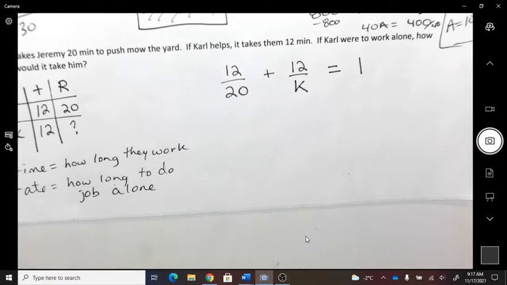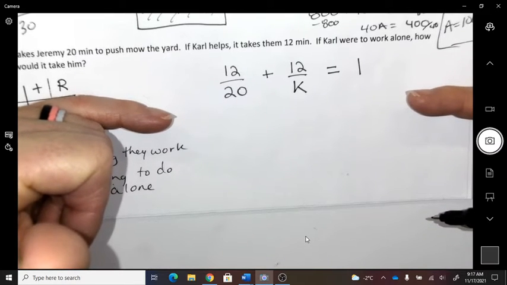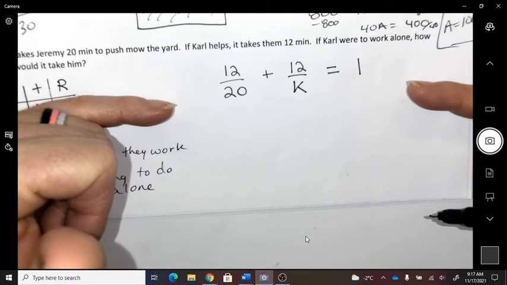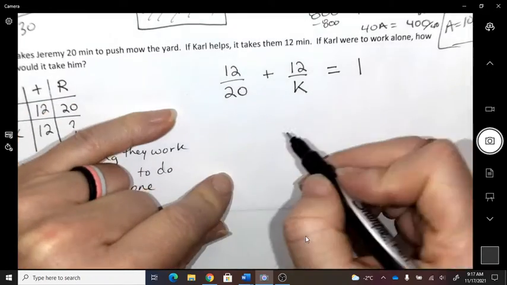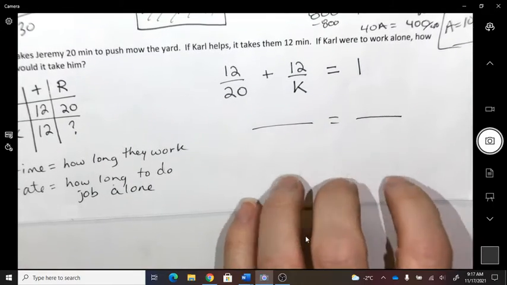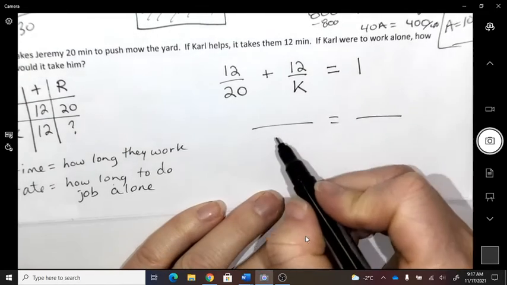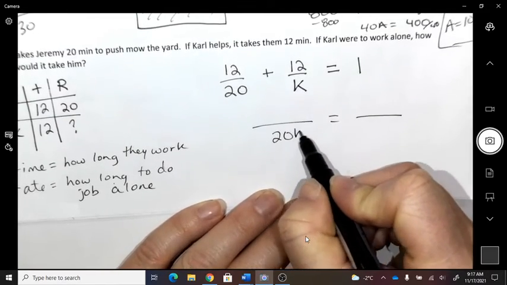Now we go old stuff. Am I going to cross multiply or am I going to common denominator both sides? So I'm going to have to common denominator this one. So what do we want to have as a denominator? I'm going to need a 20K.